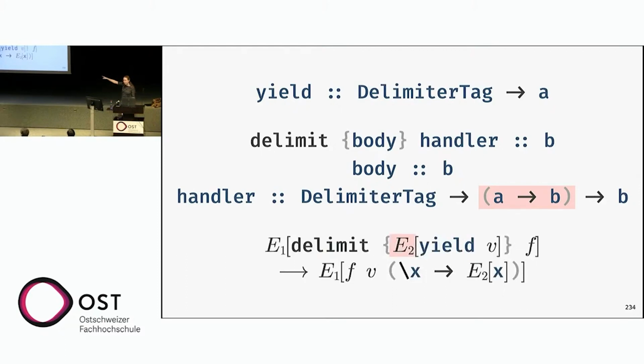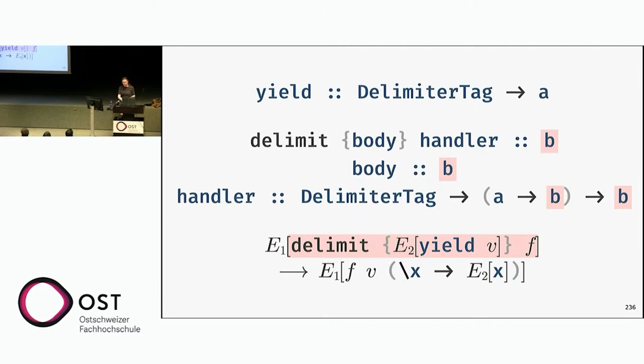It has a hole. That hole corresponds to the point that we pulled the yield out of. And so therefore, yield is typed to return an A. So the context of the yield expects to receive an A, and therefore the continuation is a function that accepts an A. And similarly, then the B just works as it did for throw and catch, where this is just the type of the delimiter.